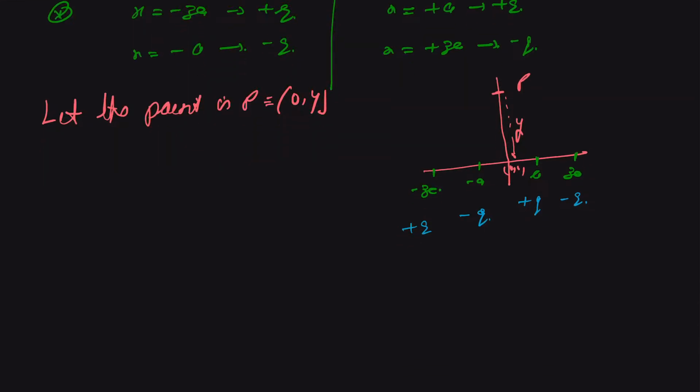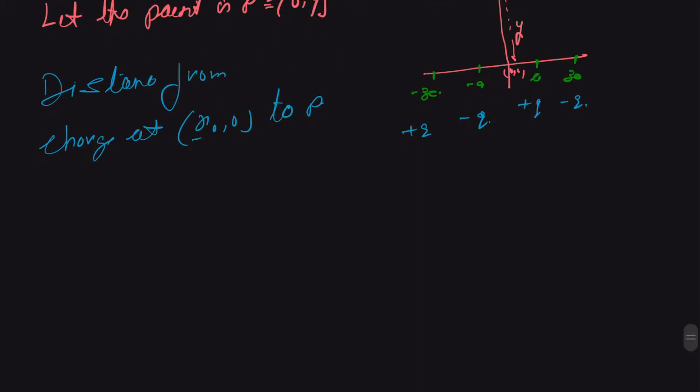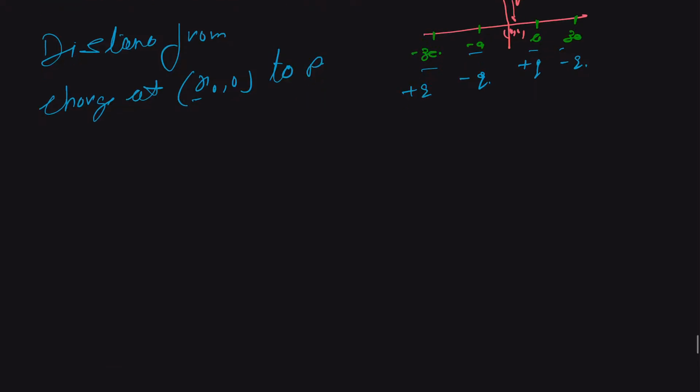Therefore, the distance from a charge at (x naught, 0) to P, where this x naught varies according to these charges, is r equal to the square root of x naught square plus y square.